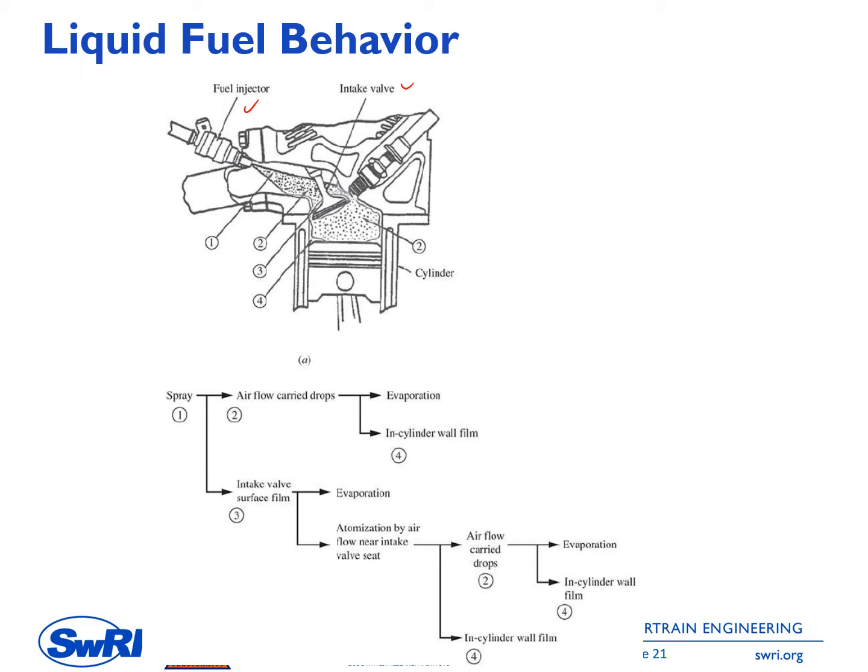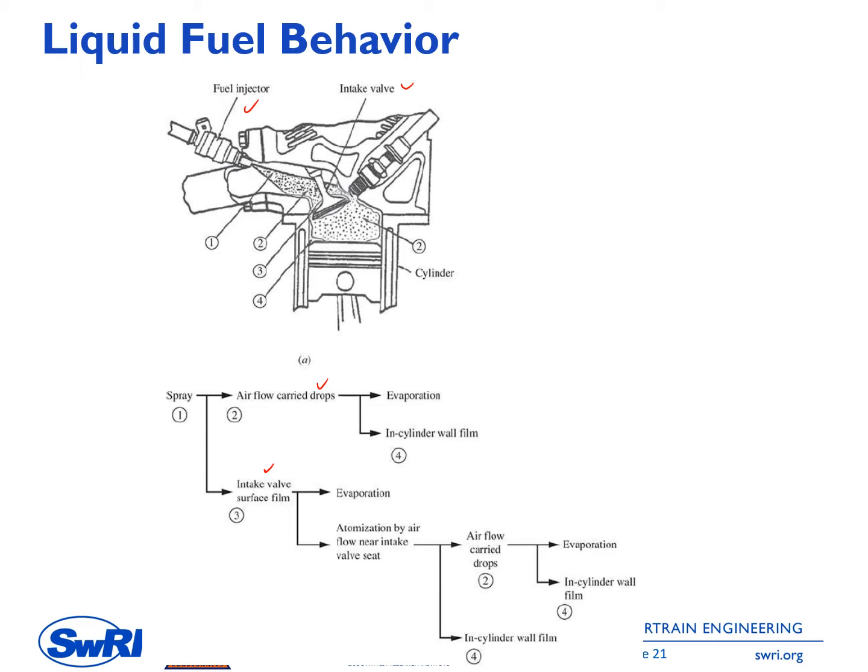Point number one here is the spray that just exits the injector, and then some of this spray will be carried by air as droplets, and it will enter the cylinder, and the rest will stay in the intake port as a surface film attached to the intake valve, mostly at the back side of the intake valve.